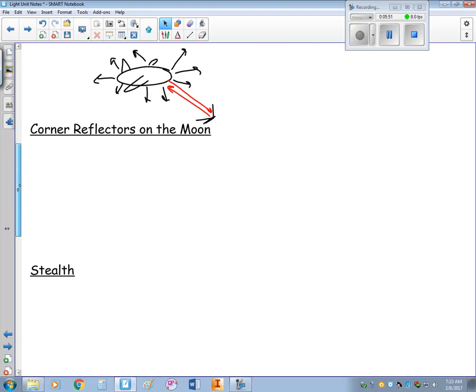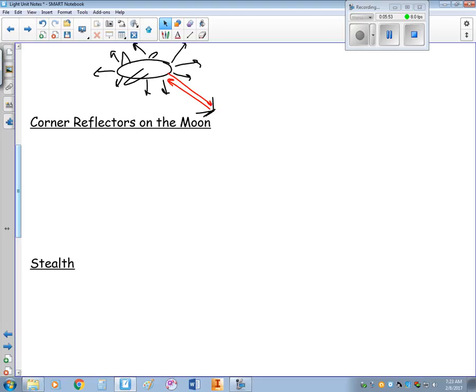We've also placed corner reflectors on the moon. In the 1970s, when we made some of our last missions to the moon, we placed corner reflectors on the moon.